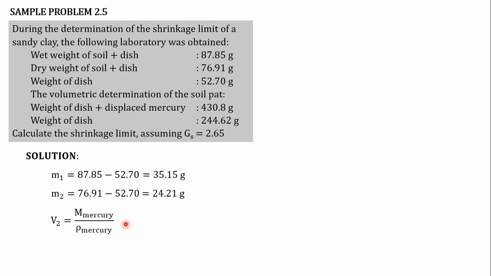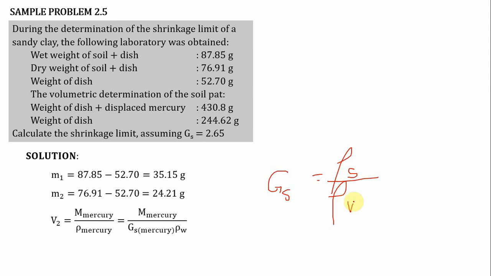We know that density is equal to mass divided by volume, so volume is equal to mass divided by density. Simplifying, this is equal to the mass of mercury displaced divided by Gs, the specific gravity of mercury, times the density of water, because Gs is equal to the density of the substance divided by the density of water.